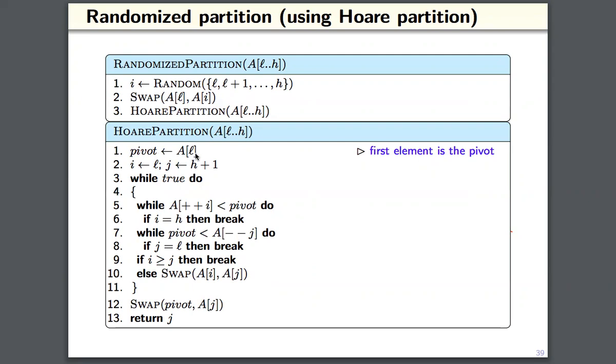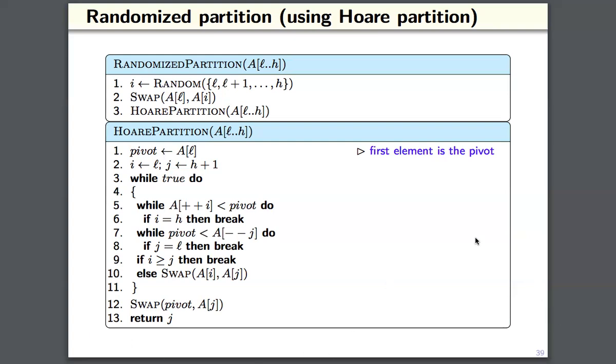So pivot is A of L, i is equal to L, j is equal to H plus 1. This is last element plus 1. That means probably we will be decrementing j and we will be incrementing i here. So this has a different logic for partitioning.